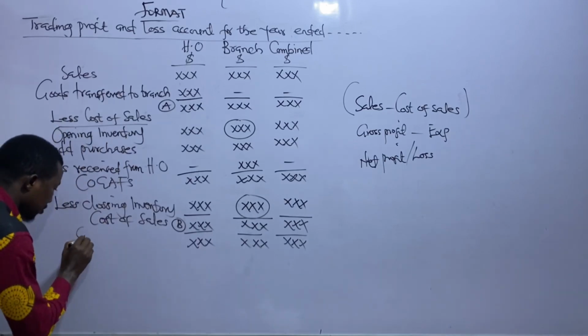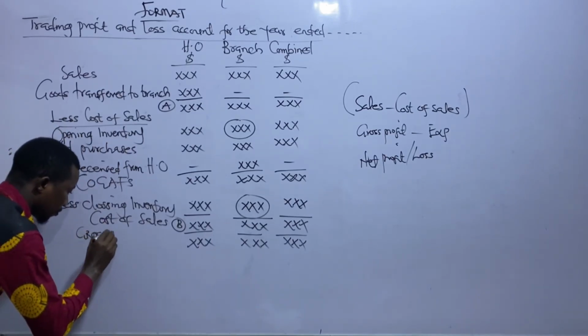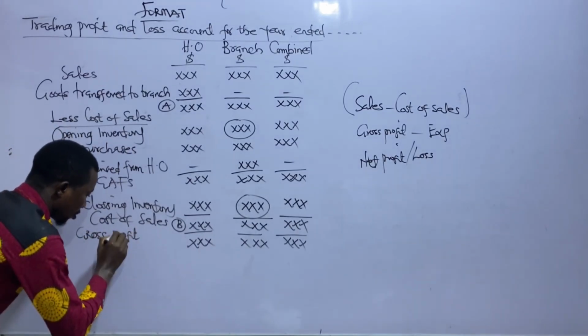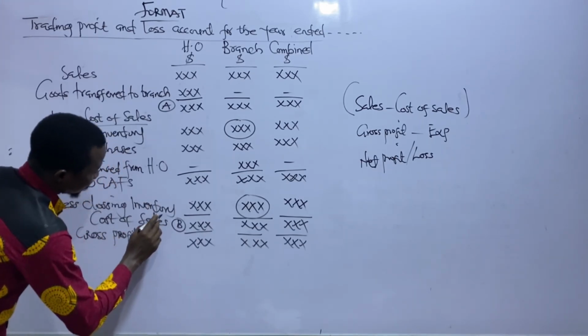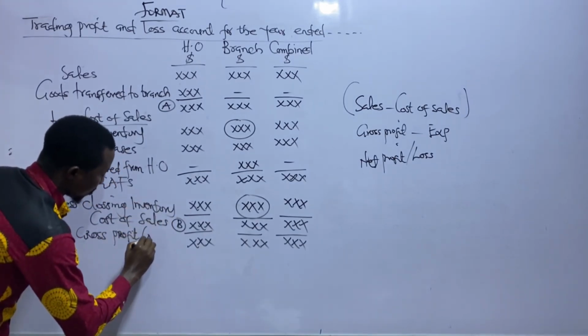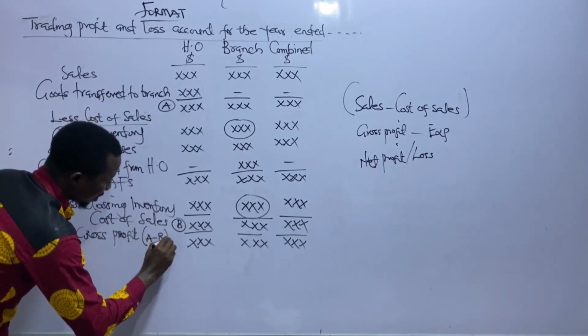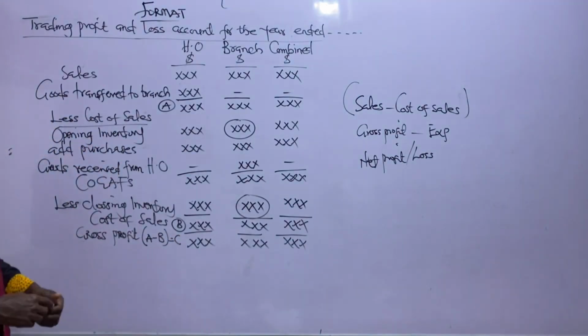So gross profit is A minus B. Then I call this one the C. I hope this is clear.